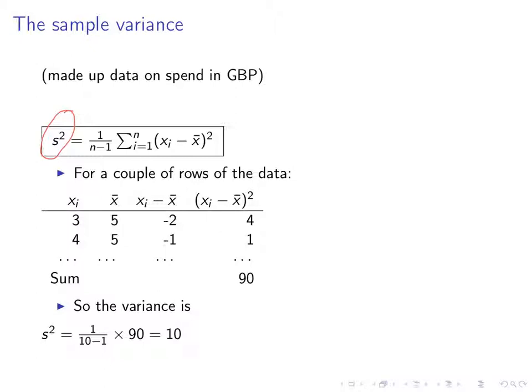It's a Roman letter S squared, and by convention that's telling us we're dealing with a sample variance. We have a divisor here, 1 over n minus 1. You will see different divisors used. Sometimes you see people take 1 over n. We'll pick up on that detail later.